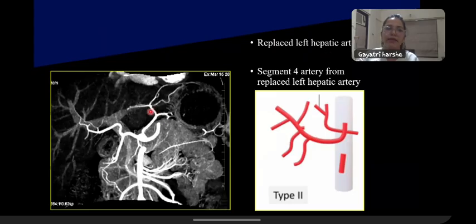Then the replaced left hepatic artery, and the segment 4 artery is arising from the left hepatic artery. The replaced left is from the left gastric, and then the common hepatic gives the gastroduodenal artery and the right hepatic artery. And these are the anterior and posterior branches.